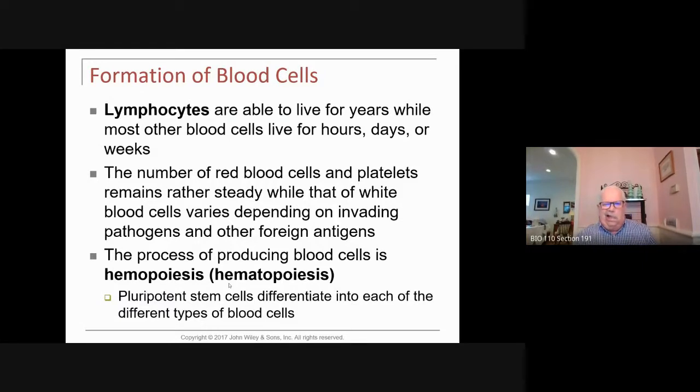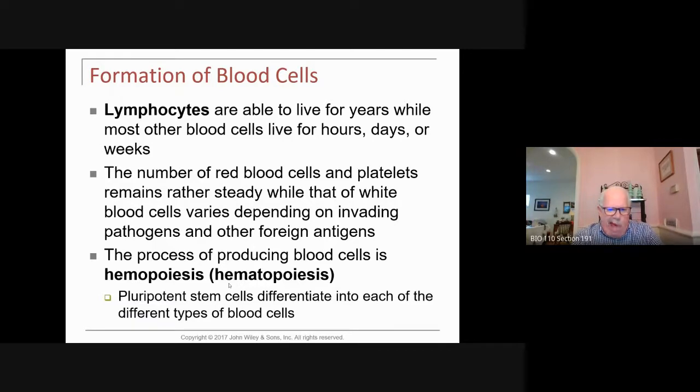How long do these things live? Well, lymphocytes can live for years. Red cells, however, have a lifespan that is much shorter than years, and we'll talk about that lifespan in a minute. Whenever you see things in bold black letters, please focus on it.